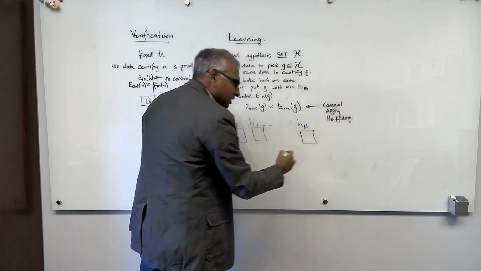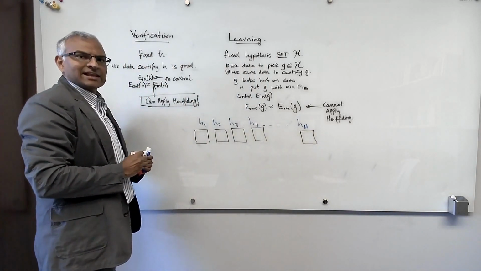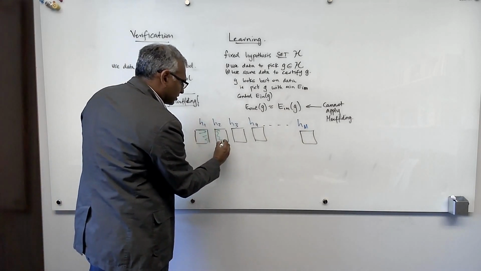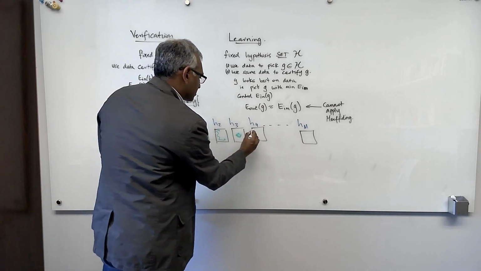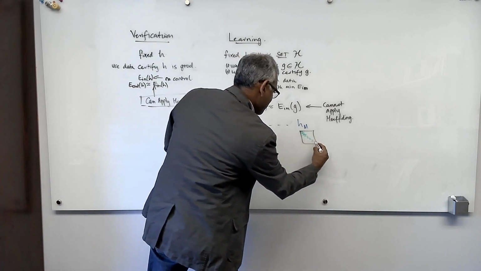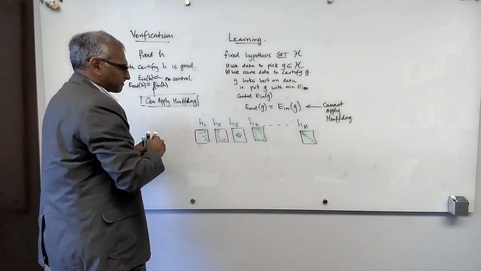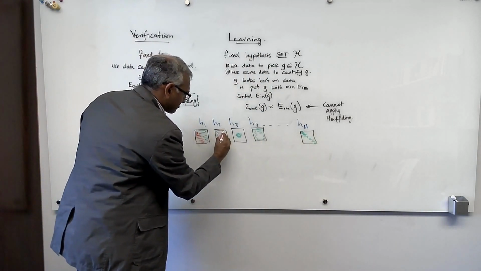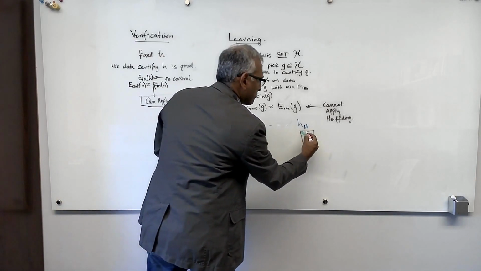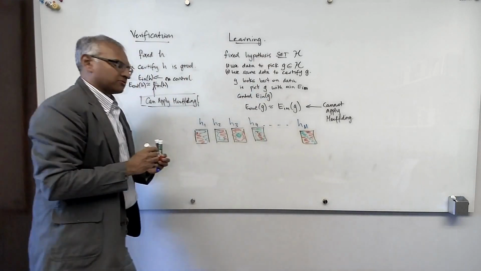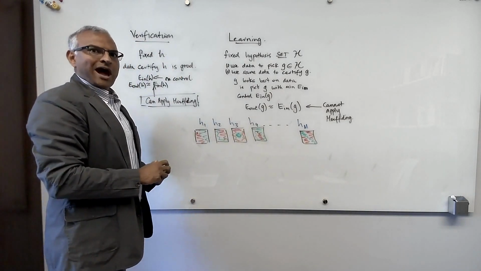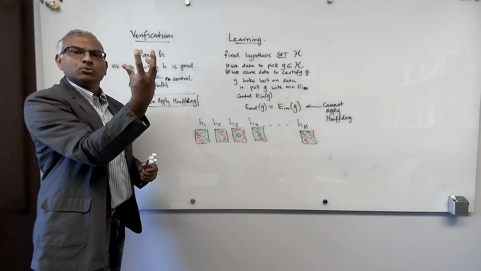Each of these hypotheses can be made analogous to a bin where there are going to be green regions and red regions. Each hypothesis has its own out of sample error, its own mu for the bin.